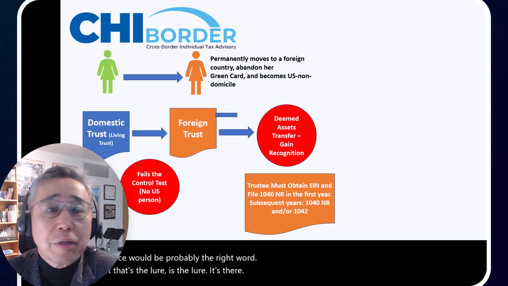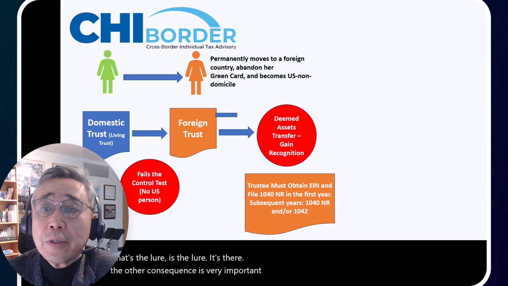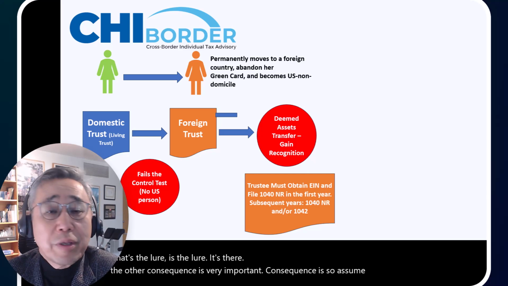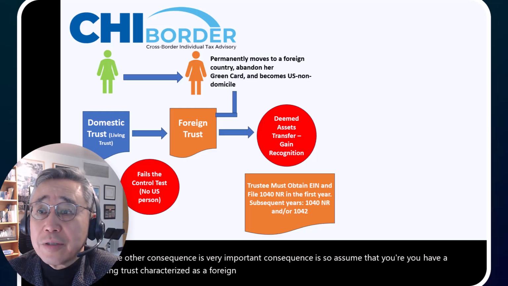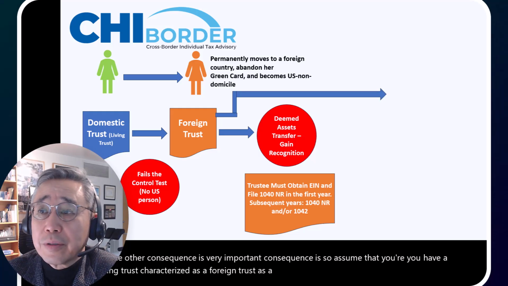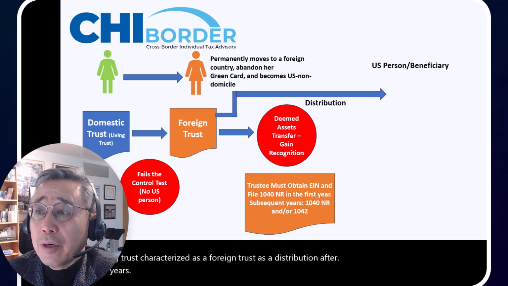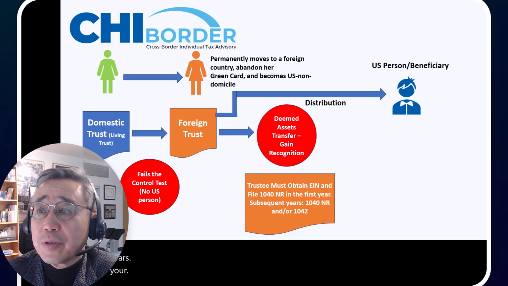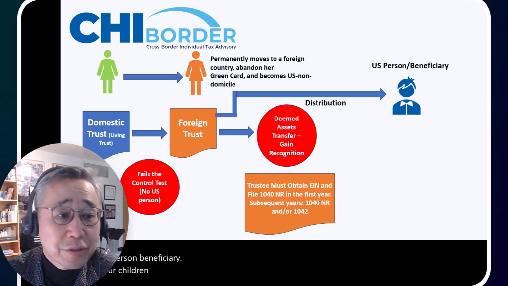The other very important consequence is this. Assume that you have a living trust characterized as a foreign trust that makes a distribution after 10 years to your US person beneficiary, your children living in the United States.